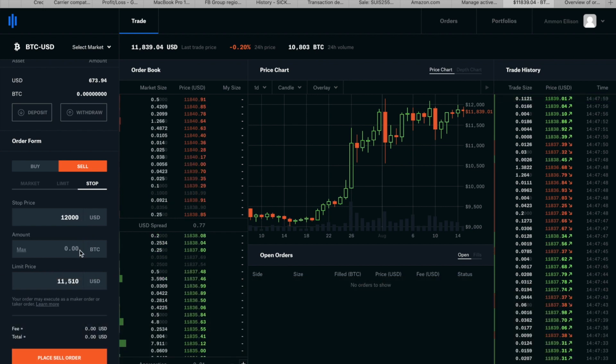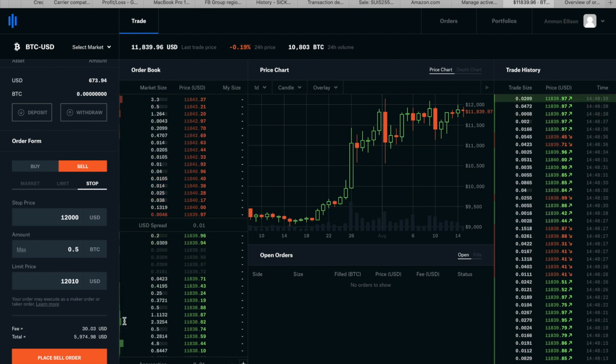In this example, I'll put half a Bitcoin so that when the stop order is triggered, it'll immediately set a limit order at $12,010, and that would be the dollar amount in cash in US dollars.